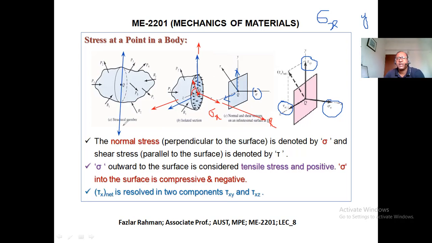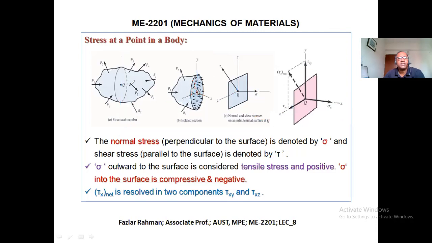So in this body, how do I cut it? I cut it vertically with a knife. If I say this is the x-axis, along this direction is y, and along this direction is z. So I cut with a knife on the YZ plane, right? This is the YZ plane, this is Z, this is Y. This is perpendicular to the surface, going along the x-axis. So I call this sigma x, and I have tau.